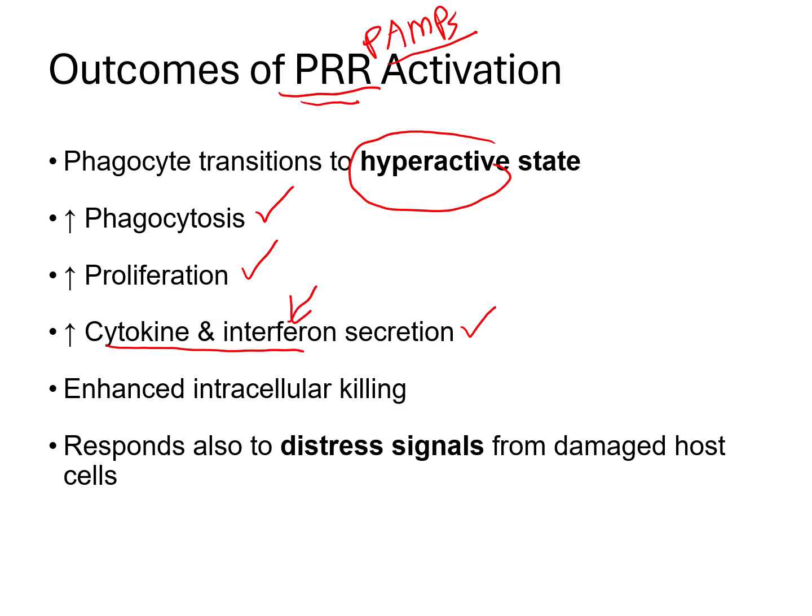Remember, interferons are released to prevent viral spread. There will be enhanced intracellular killing. So this is inside of the cell because some pathogens can survive and continue to divide within a cell. These PRRs can also respond to distress signals from damaged host cells, so during the damage of our own cells.